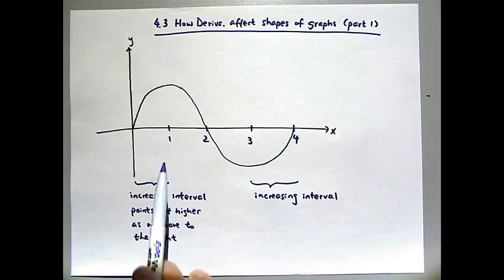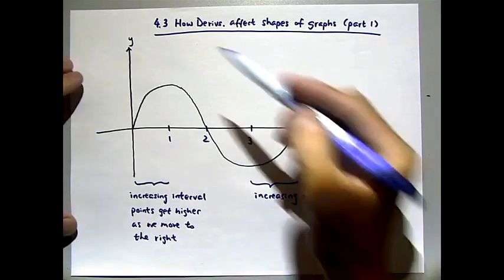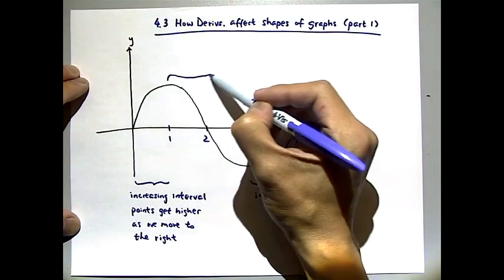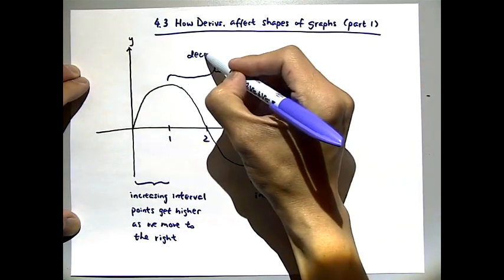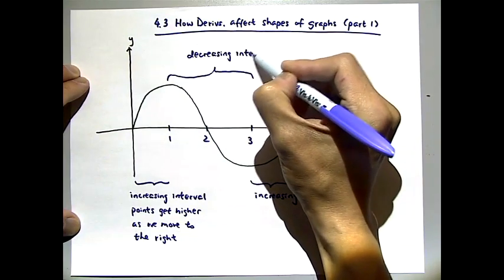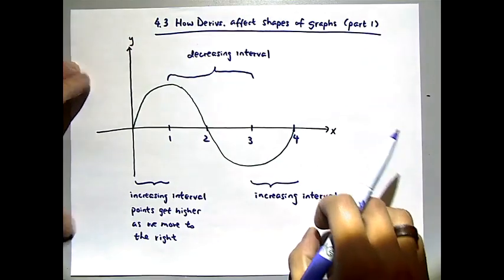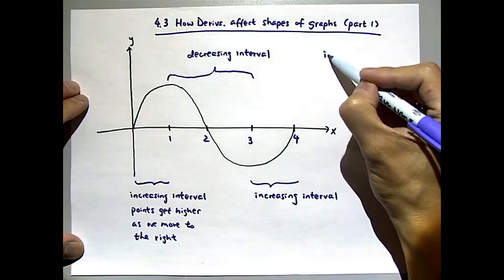The middle portion here, from 1 to 3, we have the opposite. So this portion is a decreasing interval. Every point to the right of the point that you have chosen, as you move to the right, gets lower and lower. That's a decreasing interval. So we found that we have an increasing interval.